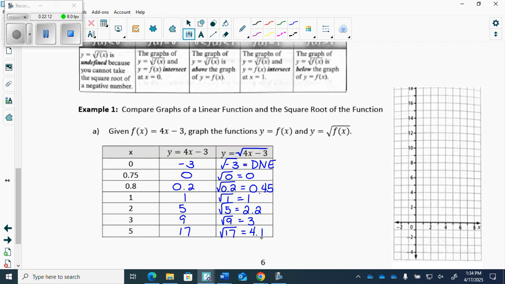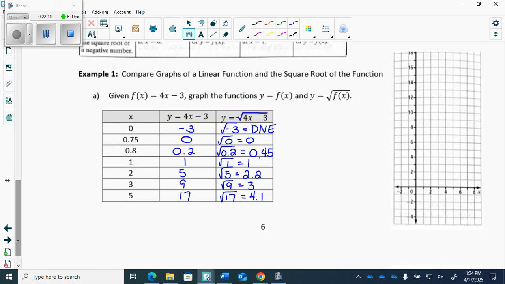Okay, so we'll sketch the original in blue.